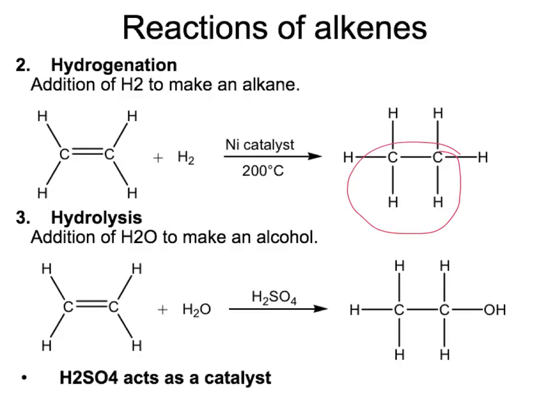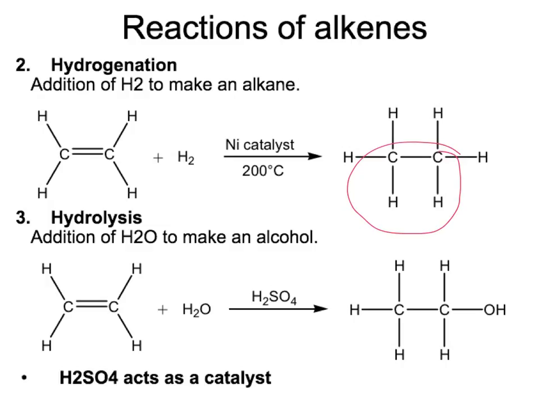Okay, so hydro means water and lysis means to break. That's either with an H plus catalyst, meaning acid, or with, often you'll see, dilute H2SO4, that's dilute sulfuric acid.